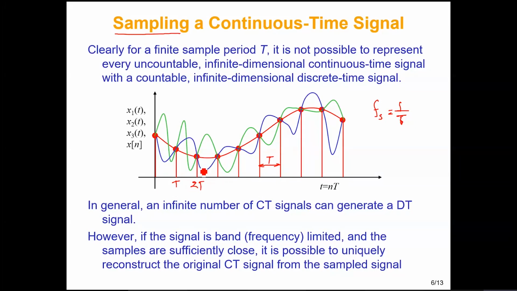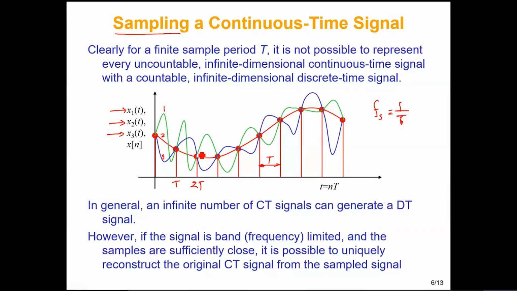So how do we actually come up with that value of sampling frequency or sampling time period? This example shows three signals, x1, x2, x3, colored green, red, and blue. If we sample at this particular time period T, you see each of these three signals ends up giving you the same x of n.